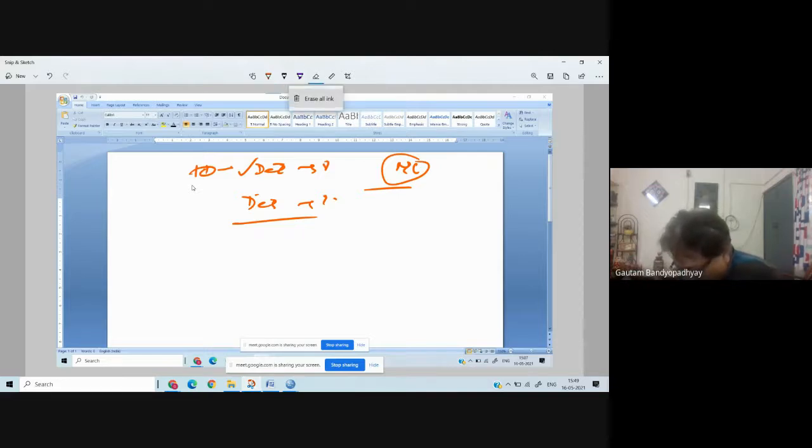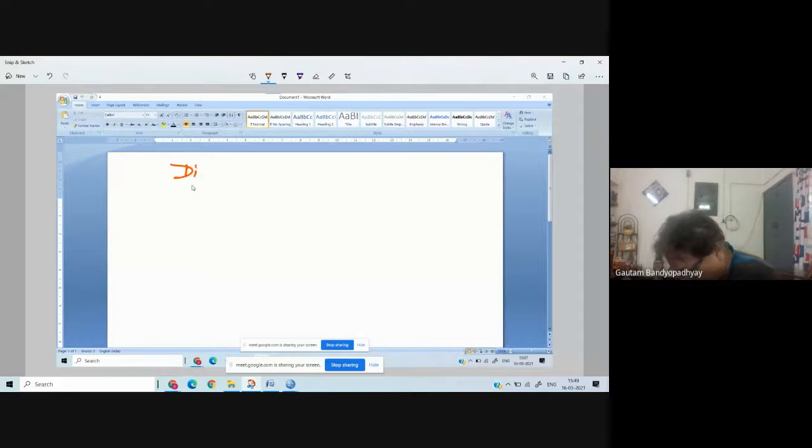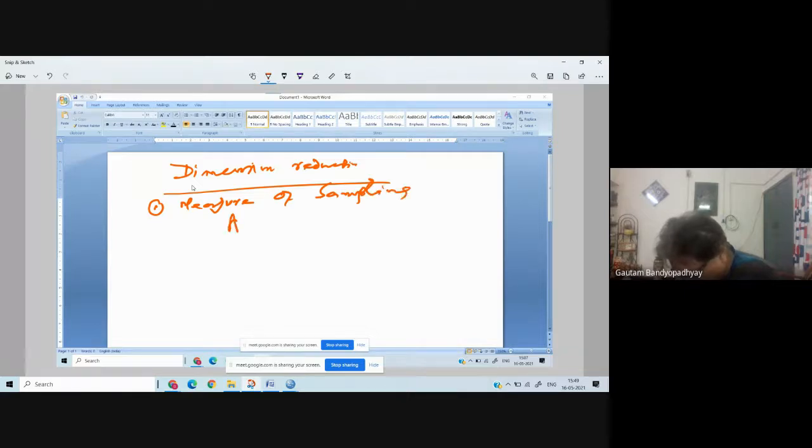The next validation: what is our objective? The objective is dimension reduction. So what are the techniques for dimension reduction? Number one is the measure of sampling adequacy. It is the determination of sample size, and it is basically based on simple correlation and partial correlation.